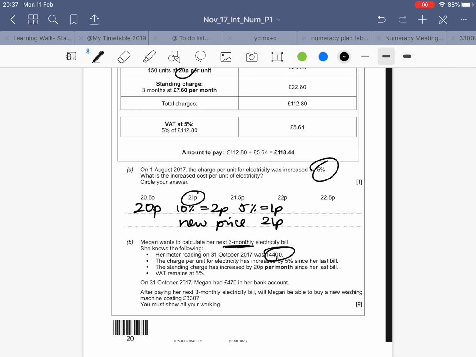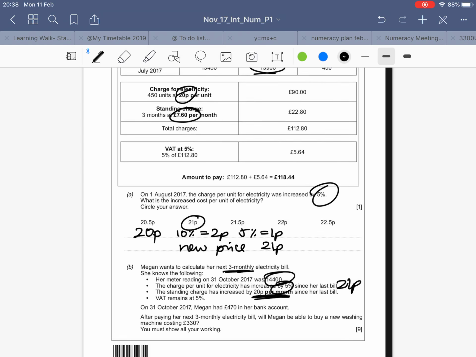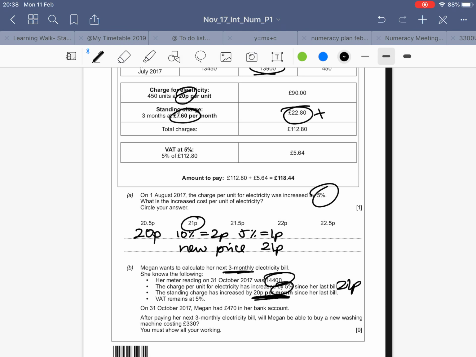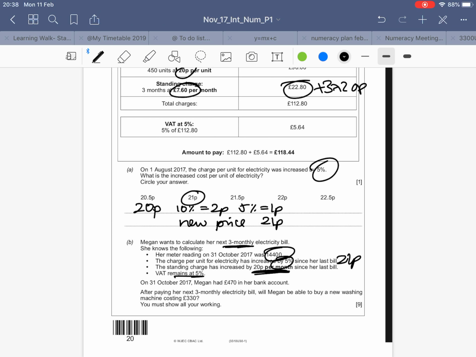The charge for electricity was increased, so it's really 21 pence, not 20. And the monthly charge has gone up by 20 pence. So it's not £7.60 anymore, it's going to be £7.80. Or it's this with an extra 3 lots of 20p on top of it. And VAT is still at 5%.